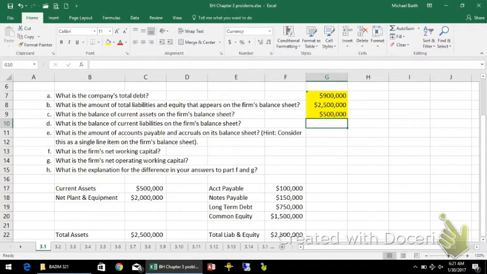What's the balance of current liabilities? Again, we were told that notes payable, long-term debt, and common equity were $150,000, $750,000, and $1.5 million respectively. That's $2.4 million. That means the other $100,000 would have to be accounts payable and accruals.